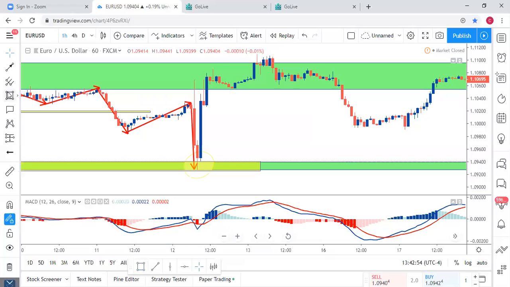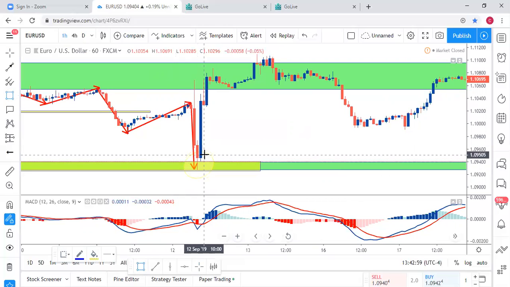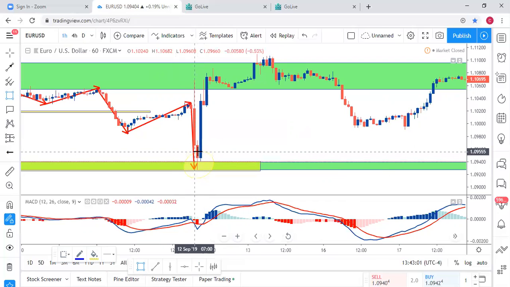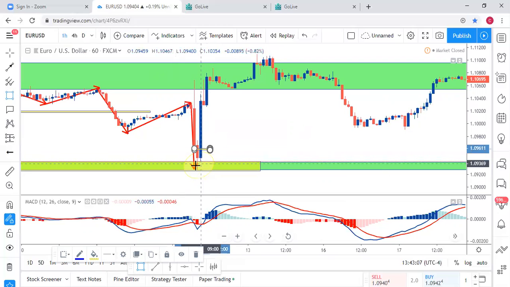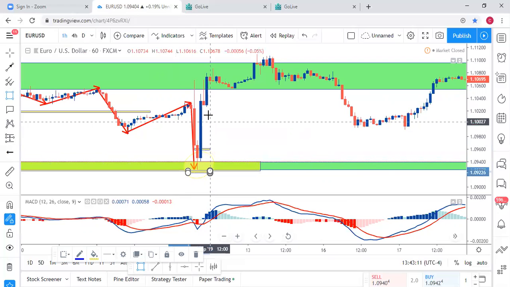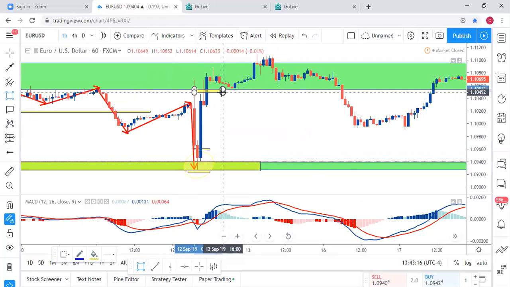So for early entries, you could have an entry anywhere in the middle of this red candle here, which would have been anywhere around here. Stop loss anywhere around here, and your take profit could have been anywhere around here.